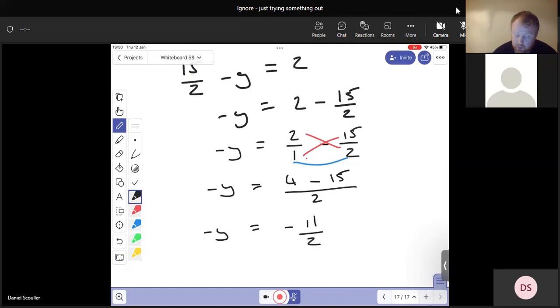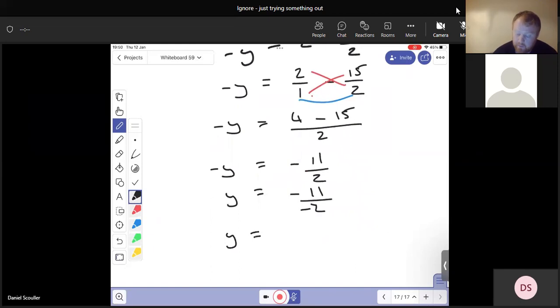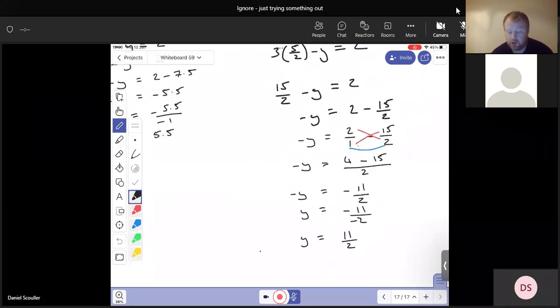Taking that negative 1 across, you just multiply that bottom line, so it'd be negative 2, which would be 11 over 2, which is, if you divide 11 by 2, you get 5.5. So it's the exact same, but just in fraction form.